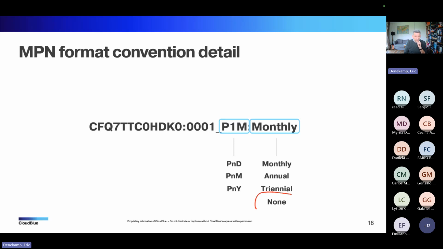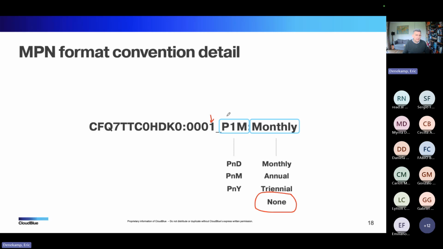Then we have a very weird one, the none. What does the none say? The none says, actually, this is a trial subscription. So we don't have a billing frequency. It's just a trial. And in most cases, that also means that for trial, we have a different number there, because a trial subscription in Microsoft terms is a separate SKU.